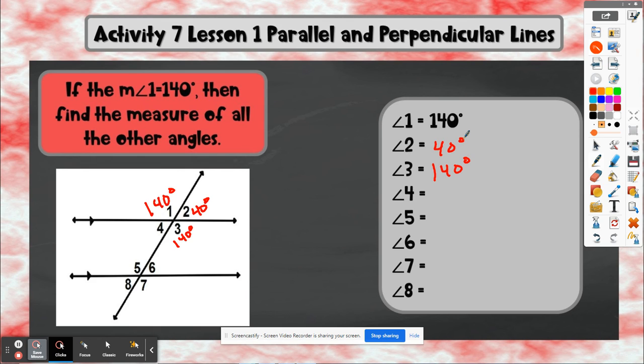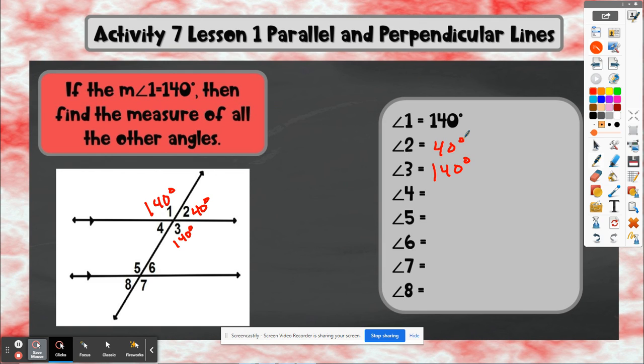Is there a way to find angle 7? What is angle 1 and angle 7? Are they inside or outside? They're not same side, angle 1 and 7. Alternate exterior.